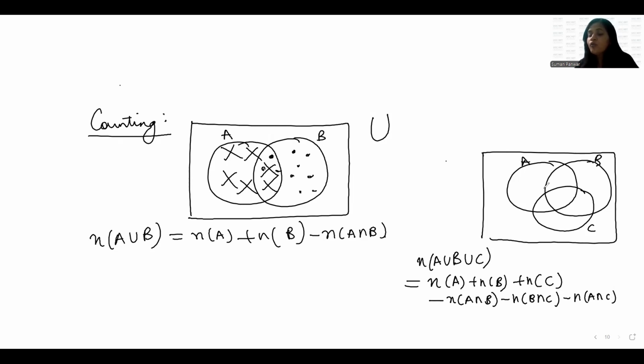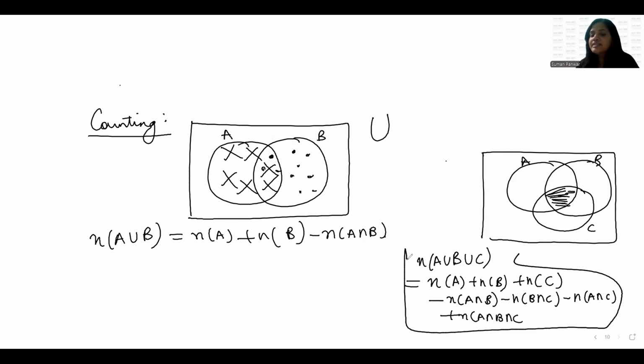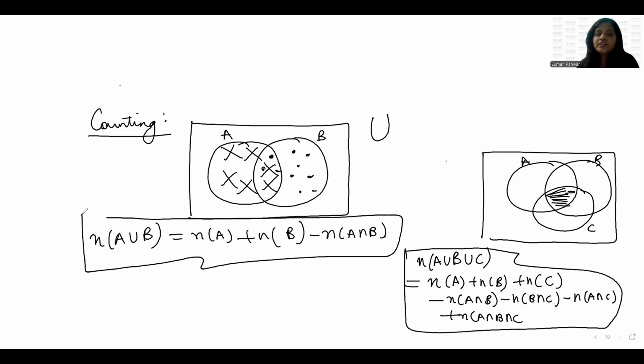But while removing all the intersections taken two at a time, this portion is removed twice. So you will have to count it once. Okay, so this is the counting principle for three sets and this is the counting principle for two sets. Now these questions are very, very useful to deal with counting problems and these counting problems are very common in the UGC NET exam.